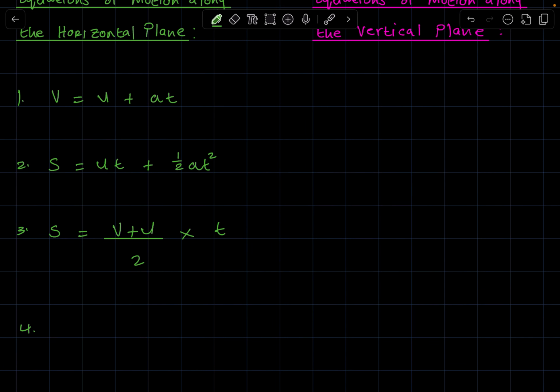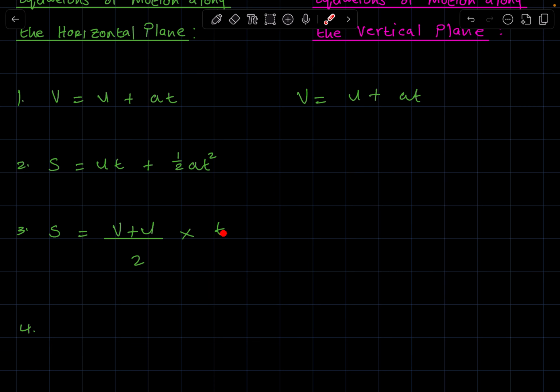So what we do in this case is we take your first equation, which is v is equal to u plus at. Then you can take either one of these other equations. I'm going to take this one because it will be much simpler to use. On this equation, we are going to make t the subject of the formula.